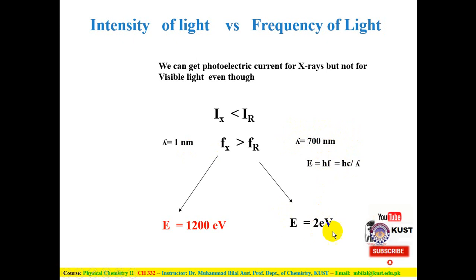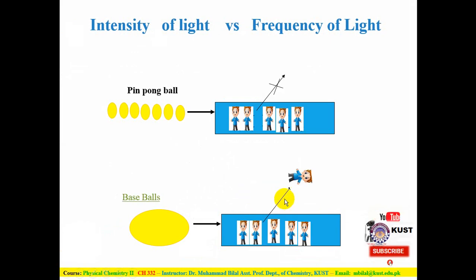This is the lower energy, while if we calculate using the same formula for the X-ray, which has 1 nanometer wavelength, the energy for that radiation will be 1200 electron volts. This is higher energy compared to the red light. That's why it produces a current, while the red light is not able to produce a current.